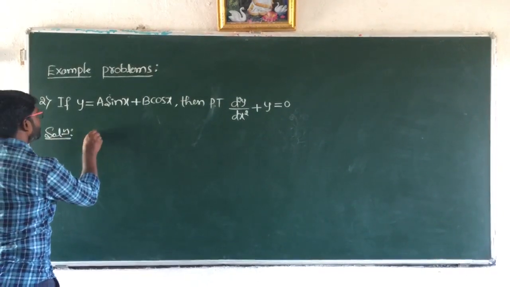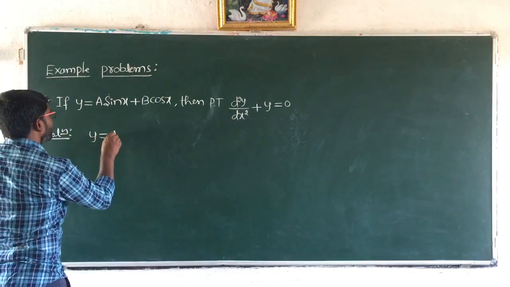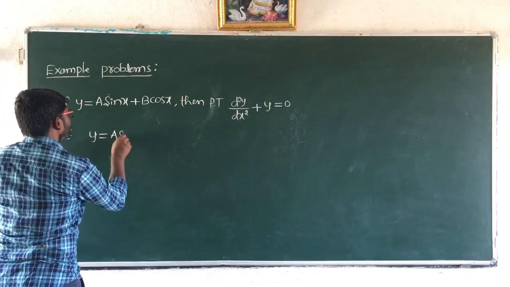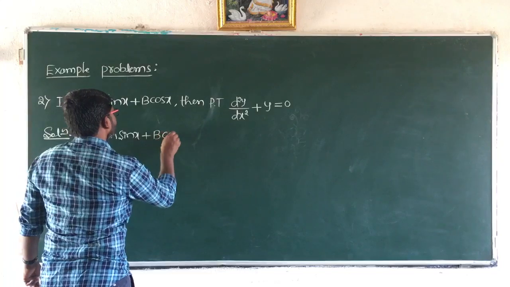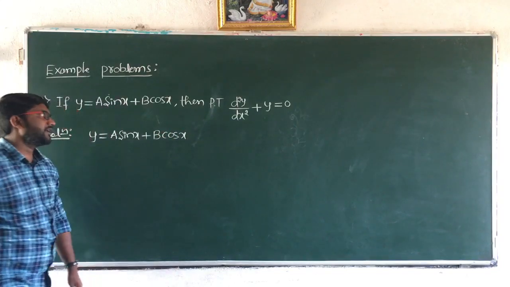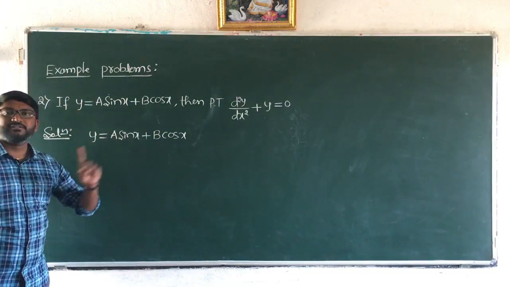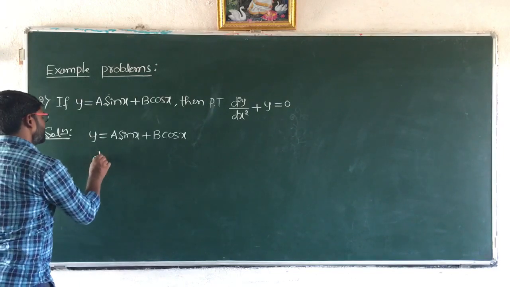So the given function is y equals a sin x plus b cos x. Now differentiate both the sides with respect to x.